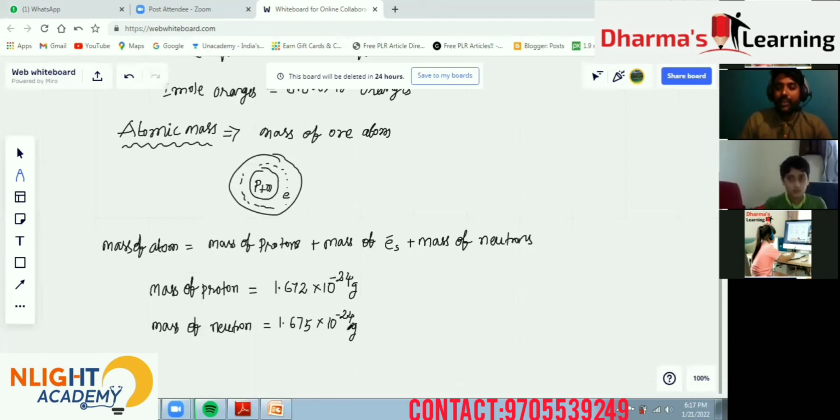So that's why we say the mass of proton is almost equal to the mass of neutron. We'll consider both the same. The difference is negligible, so we'll consider both as having the same mass.